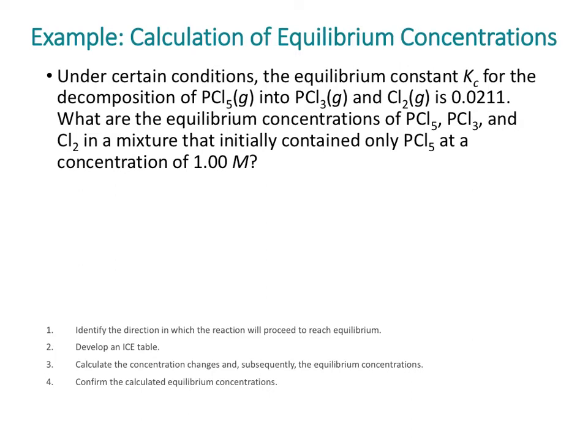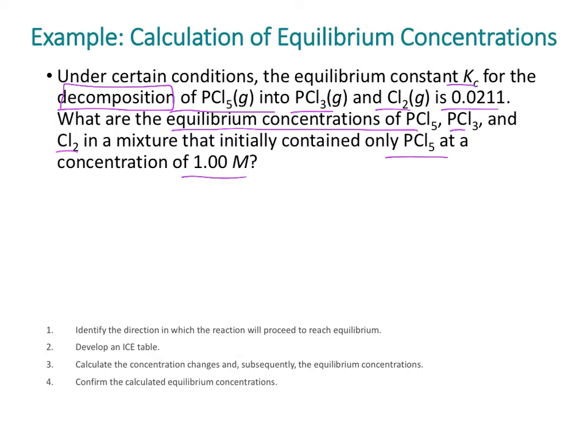Under certain conditions, the equilibrium constant Kc for this decomposition, so pay attention to that, decomposition of PCl5 into PCl3 and Cl2 is 0.0211. What are the equilibrium concentrations of PCl5, PCl3, and Cl2 in a mixture that initially contained only PCl5 at a concentration of 1?